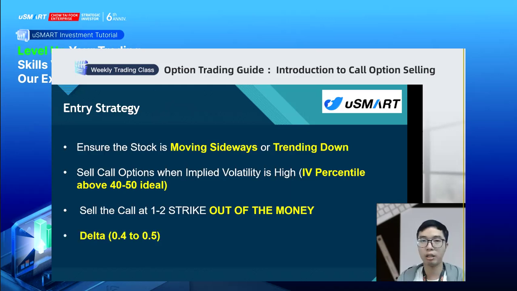And the delta I will choose is around 0.4 to 0.5, not too extreme, and around 1 month before the expiry date. For the delta and expiration date, it really depends on your strategy and what you want. I'm just giving a guideline for you all.